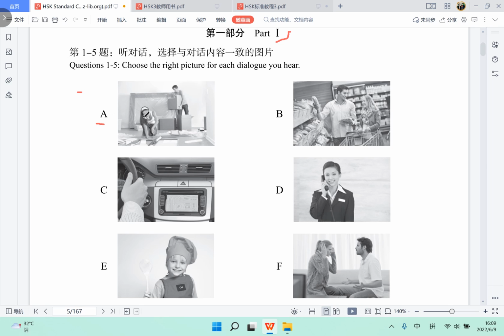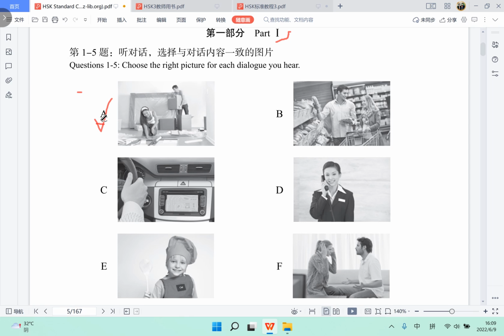Later, when listening to the recording, it is much easier, because we already wrote down some keywords. If you hear those keywords, we can just take the related picture.